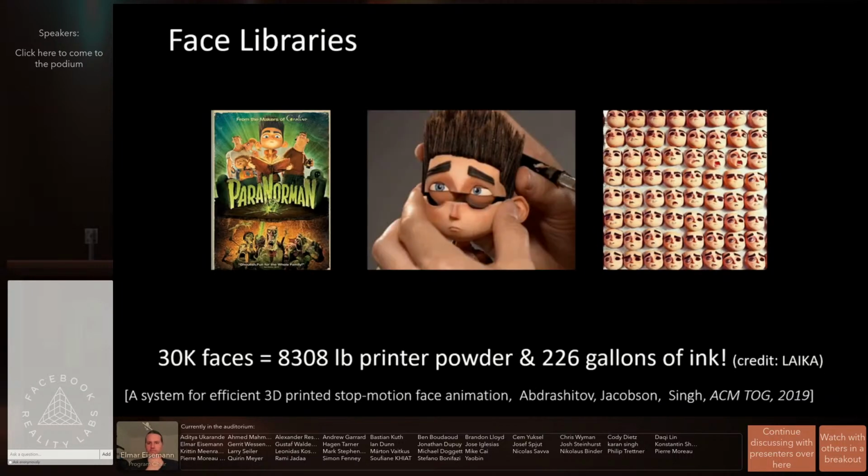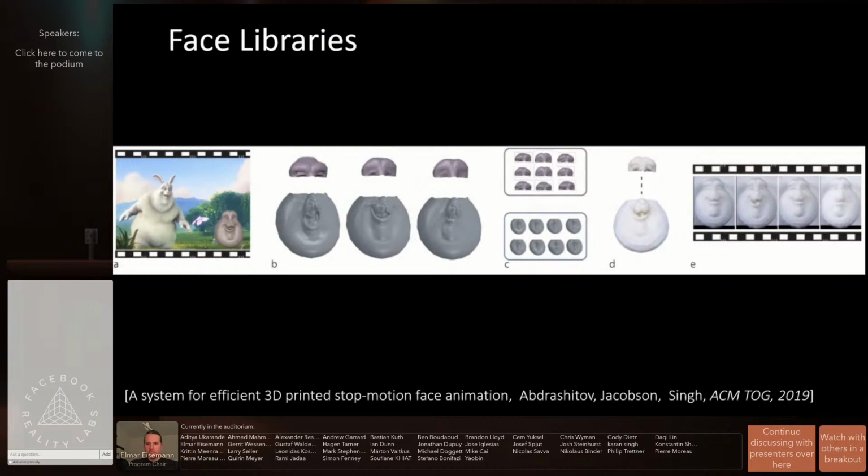Or reducing a continuous face animation into a small set of representative expressions for 3D printed stop motion animation that can reduce printing time and material by many orders of magnitude.